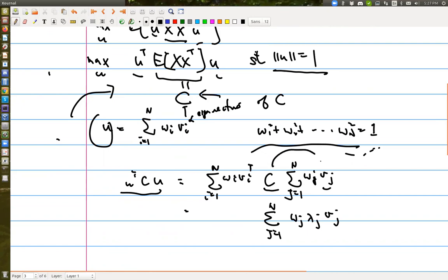So basically C multiplied by Vj gets lambda j Vj.